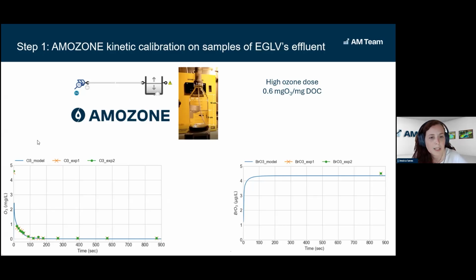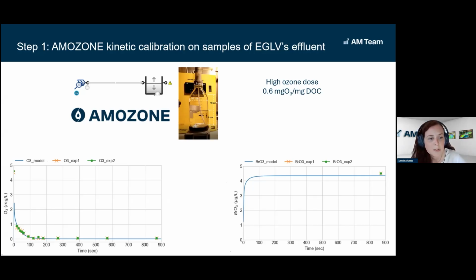And we calibrated our AMOZONE model on these lab data. So we calibrated the ozone residuals and also the bromate formation that we could see building up in time as a byproduct of ozonation.